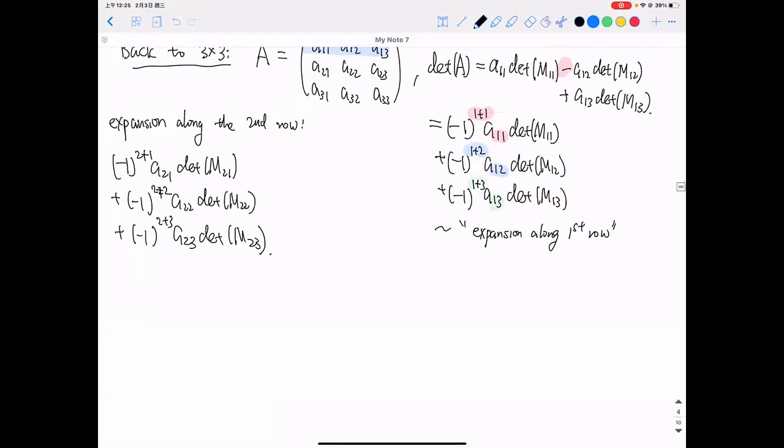There's also the third expansion, along the third row, that you can consider.